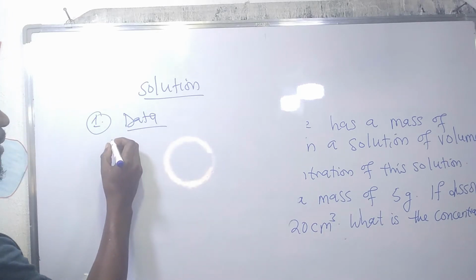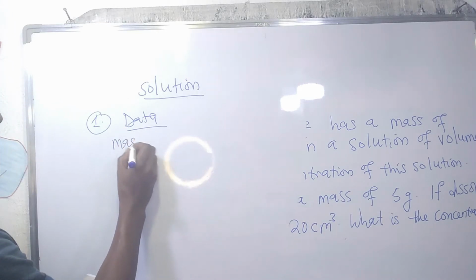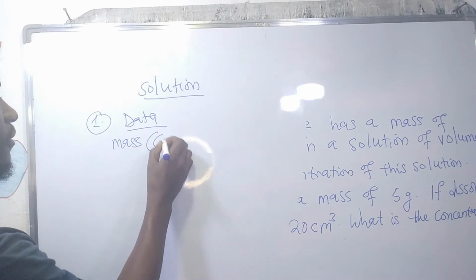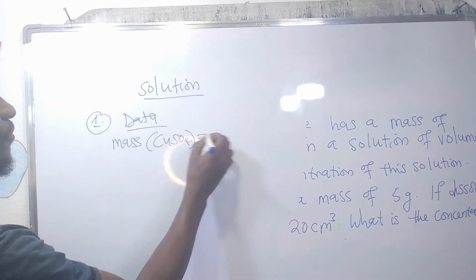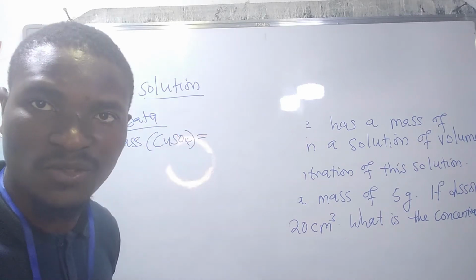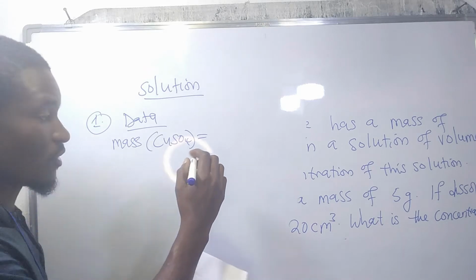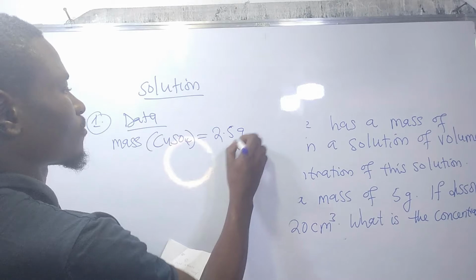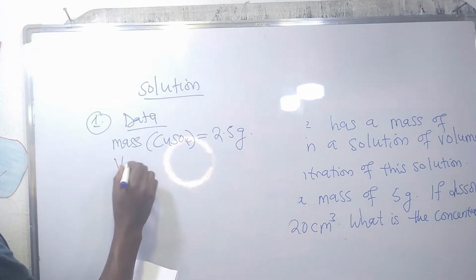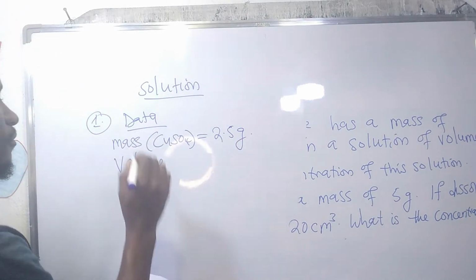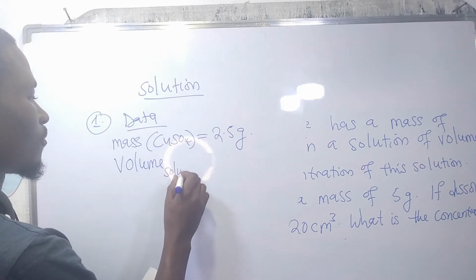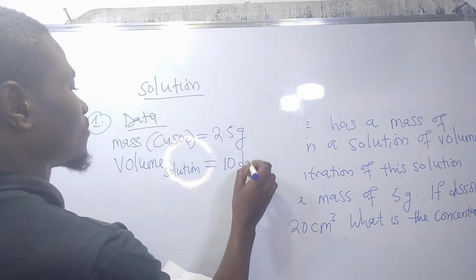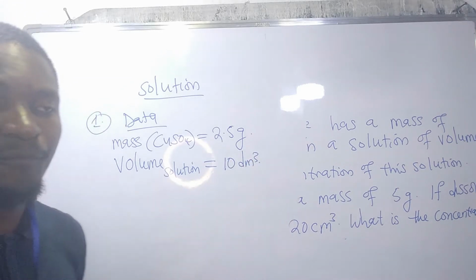So we are saying that the mass of copper 2 sulfate is 2.5, and then also the volume.